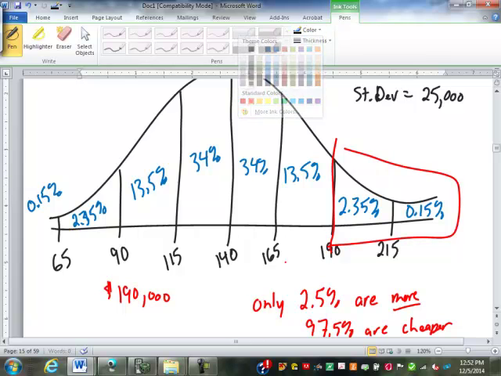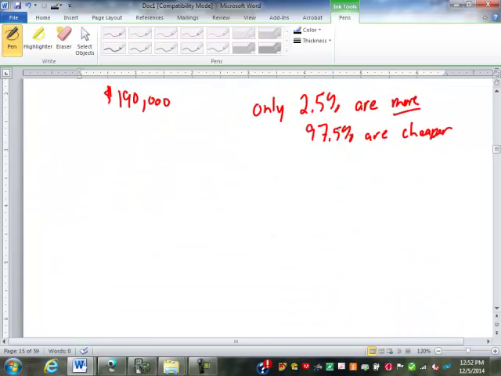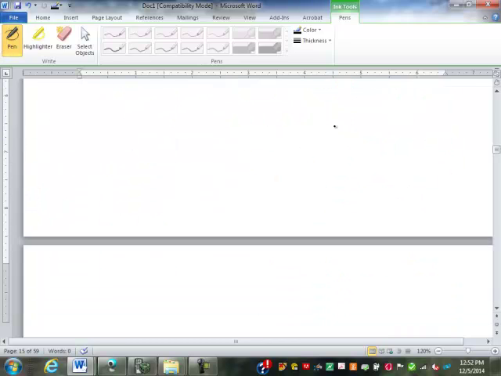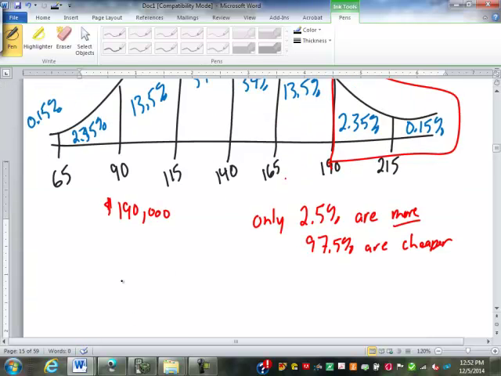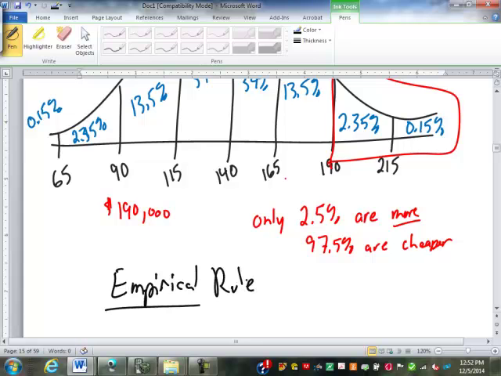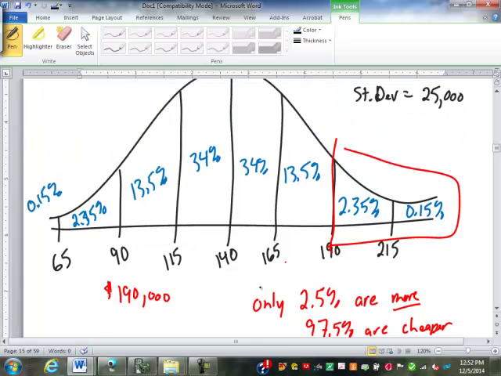Make sense? Okay. Now this mean and standard deviation can be used for something else as well. There's something called a Z-score that allows us to compare. This empirical rule, as it's called, with the bell curve is very useful.